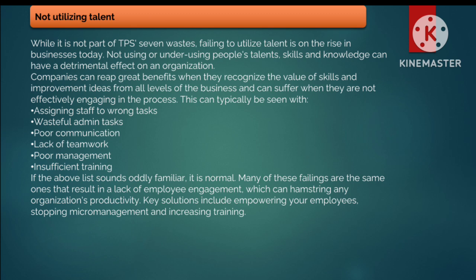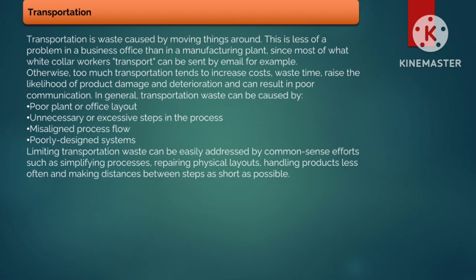All right, let's move on to the next type of waste, which is transportation. Many organizations try to minimize transportation as much as possible, because they know transportation increases the waiting time, increases the TAT time. And the customers today are demanding, right?